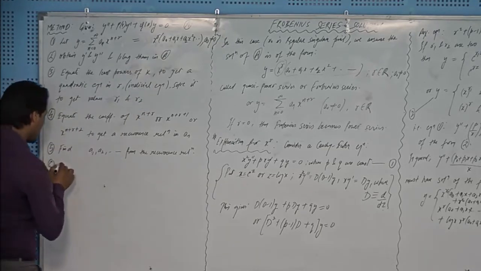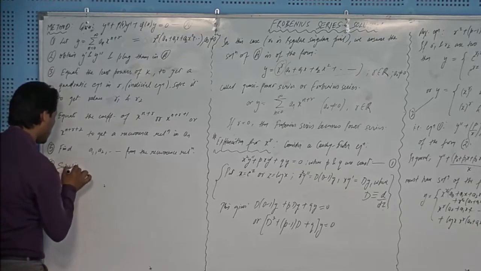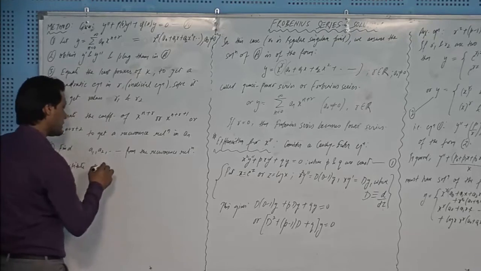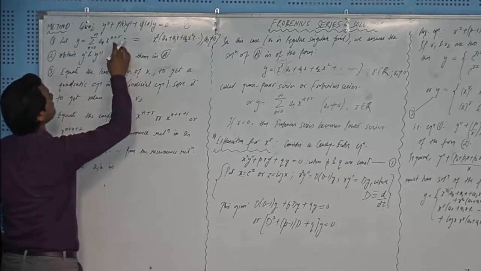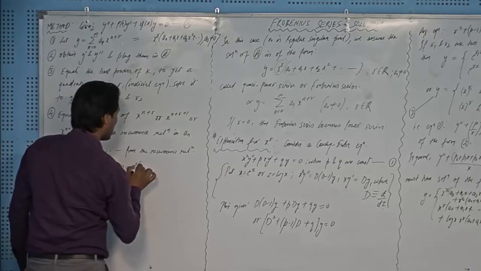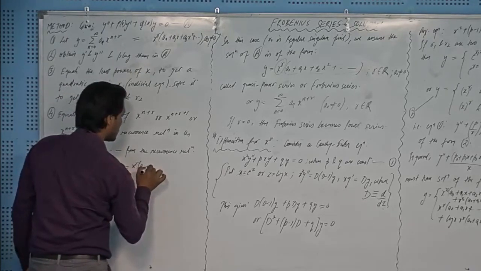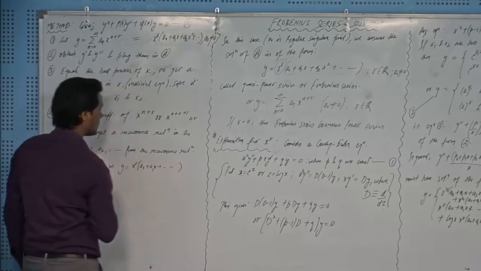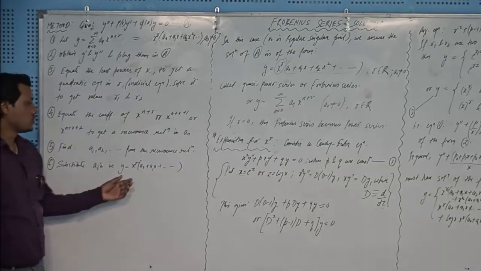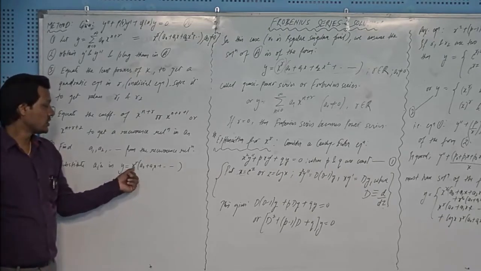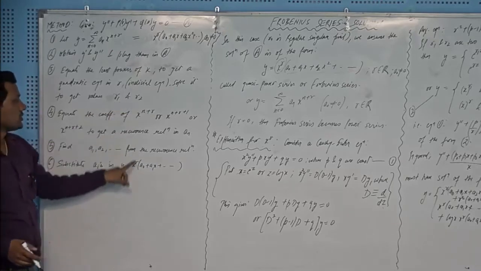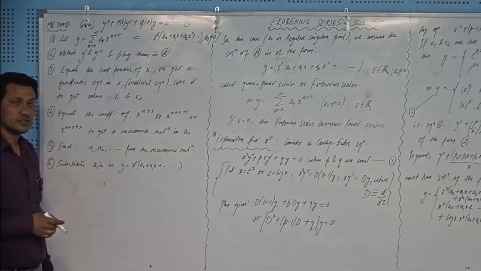Substitute all of these ai's in the solution, in y equal to x to the power r, a naught plus a1x and so on, right? Okay, so this is a kind of solution, but it is not the complete solution. It is still involving r. We have to put the values of r, r1 and r2 here in order to get the complete solution, right?